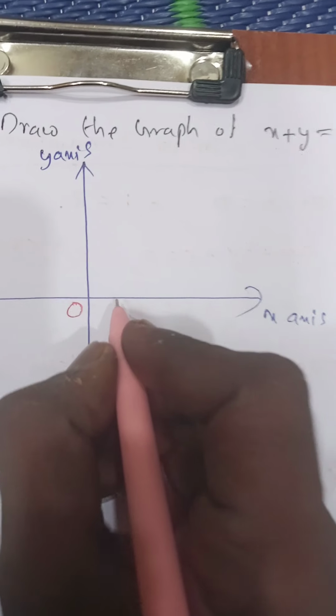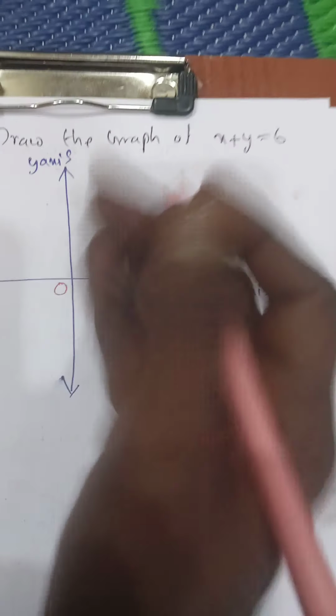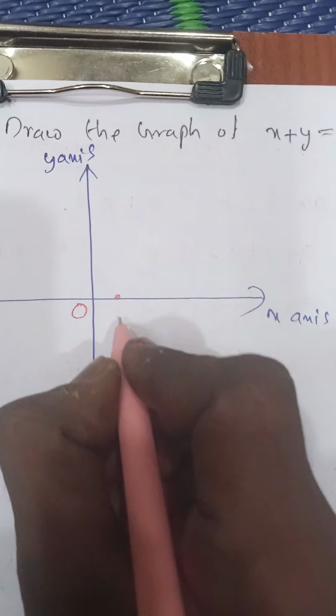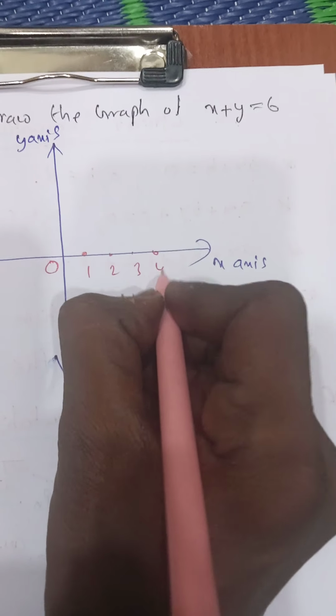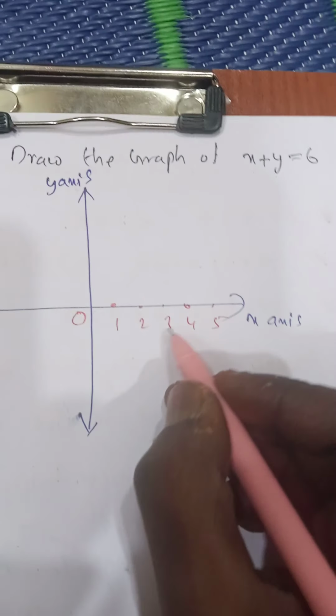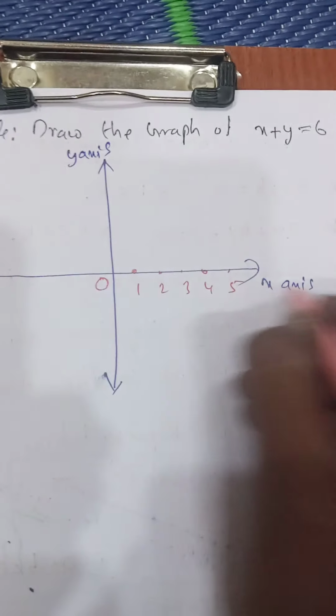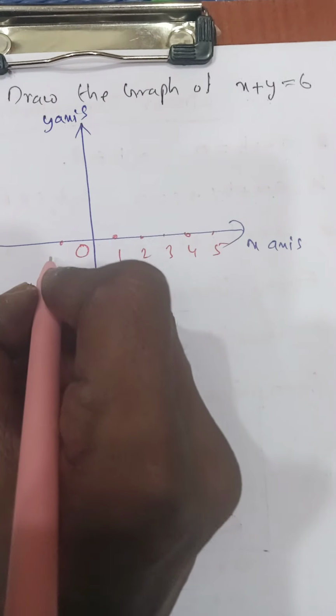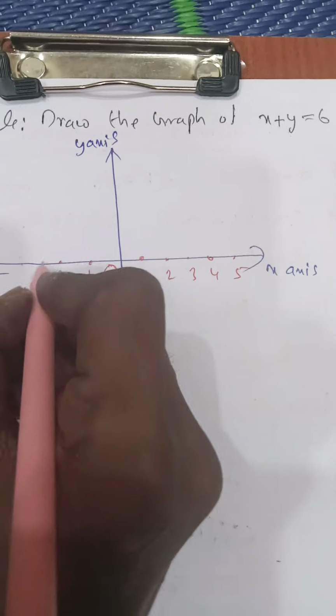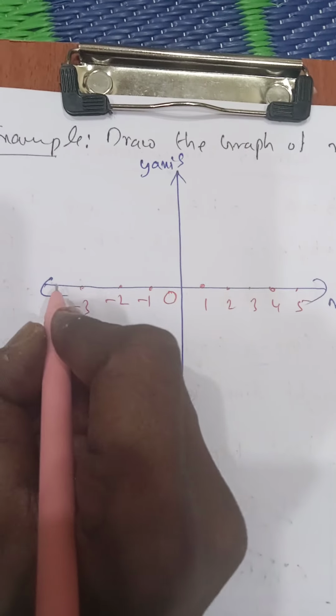On the x-axis, to the right of the y-axis, we take the positive numbers 1, 2, 3, 4, 5, like that. You can mark any number of numbers in the positive direction of the x-axis. In the negative direction of the x-axis we take the negative numbers equidistantly.